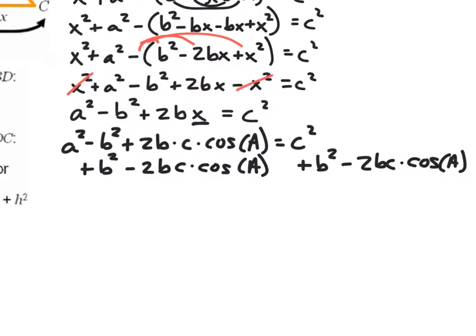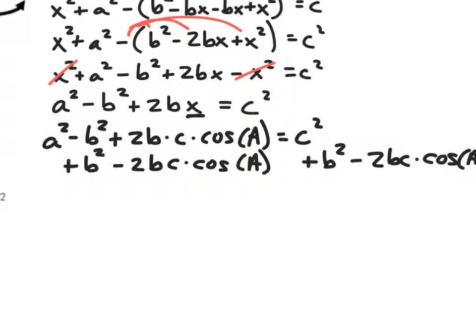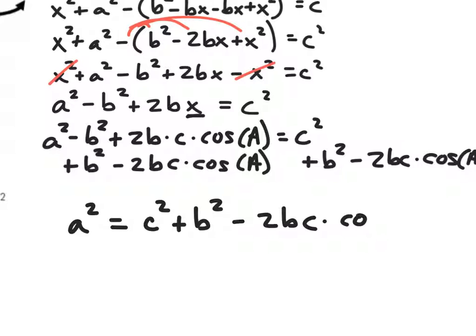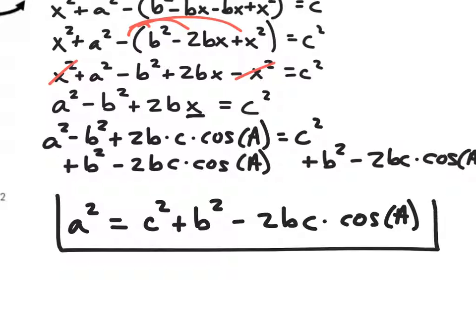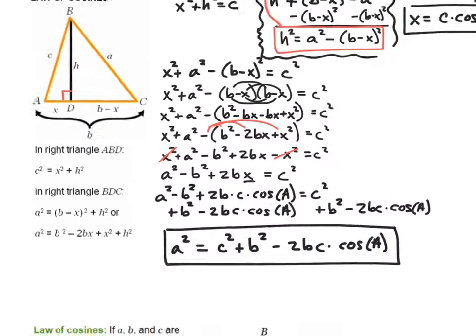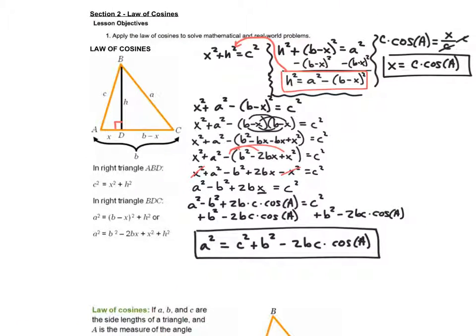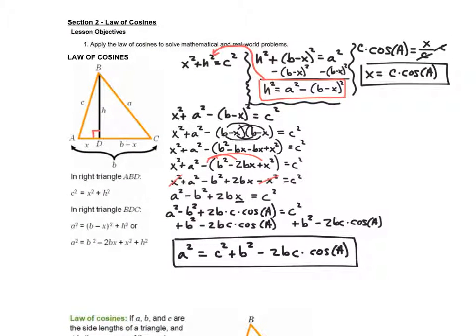So now here's what we got left. We're left with a squared is equal to c squared plus b squared minus 2bc times cosine of A. This is the first part of the law of cosines.